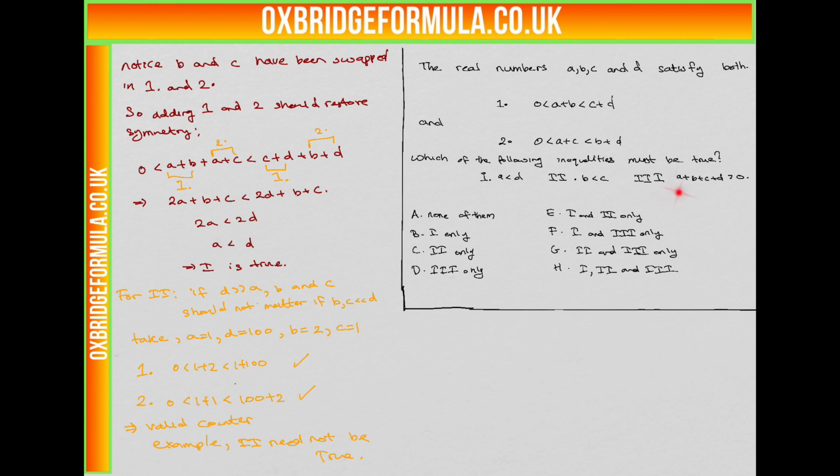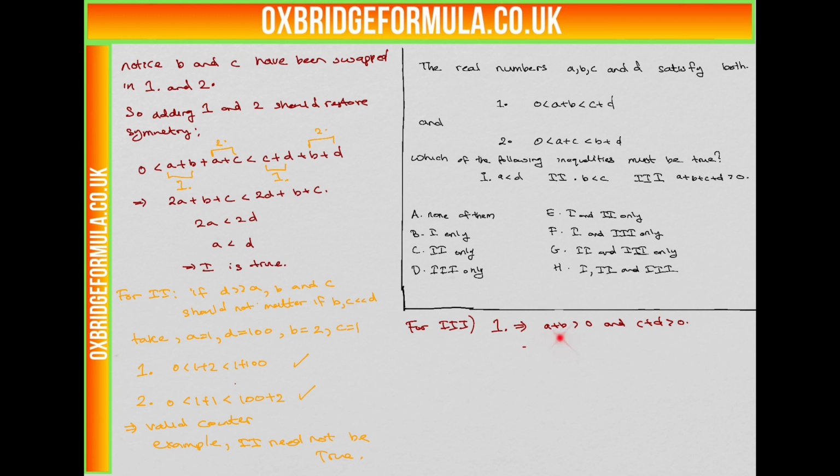Finally, if we look at the last condition, we want to either show or disprove that a plus b plus c plus d is positive. Inequality 1 is already telling us that a plus b is positive. But we know that c plus d is bigger than a plus b, so c plus d is also bigger than 0 because a plus b is.